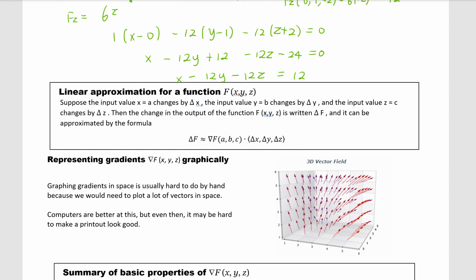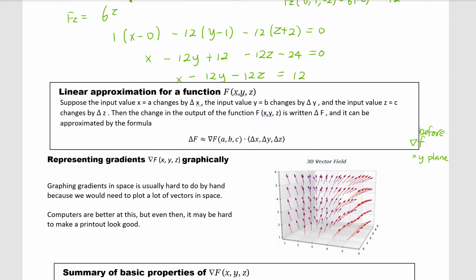And the gradient vector field. Before, the gradient field of f was on the xy plane. But now our gradient is a vector in space.